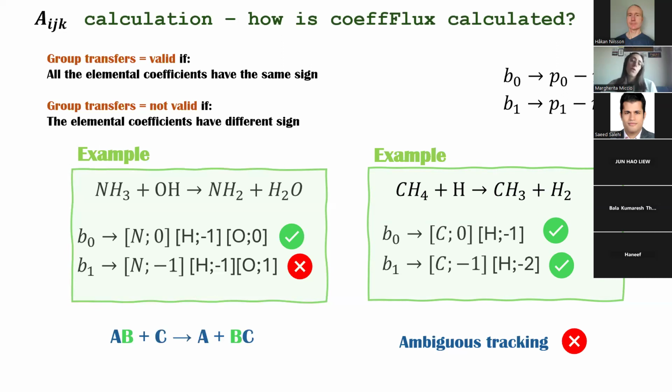Instead, in the first example, we only have one possible group transfer, and it's what's happening here. The group transfer is just the hydrogen, in this case, which is moving from the first reactant to the second product. So we are moving the hydrogen from the NH3 to the water. And here, the element tracking of the H is successful.